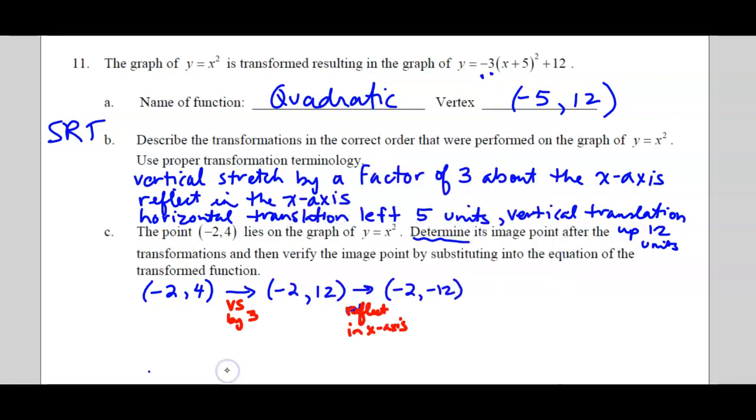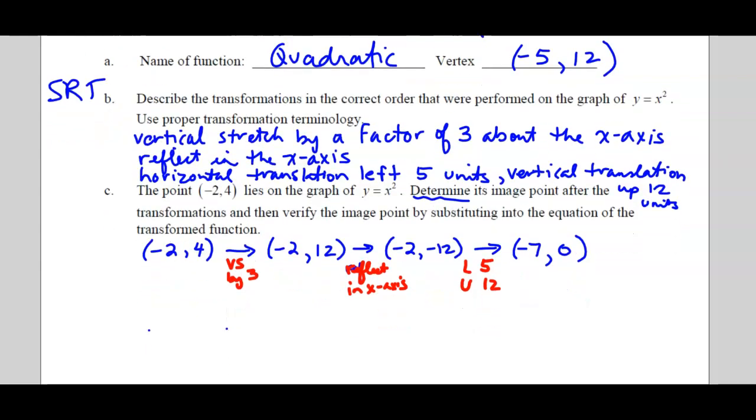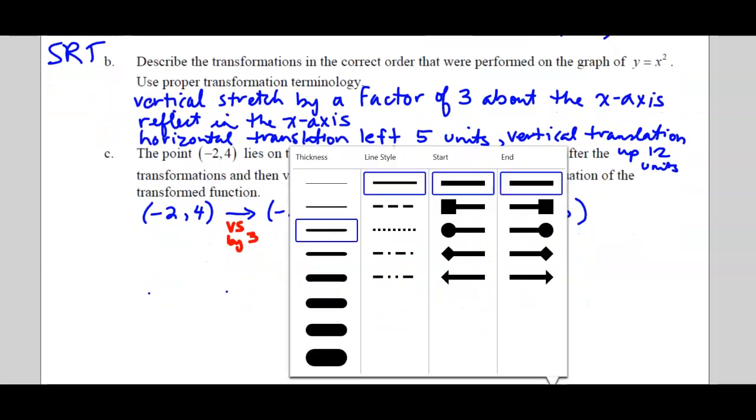Okay, and then your translations. So left 5, so negative 2 to the left 5 would be negative 7. And then negative 12, up 12 would be 0. So I guess that's left 5, up 12.